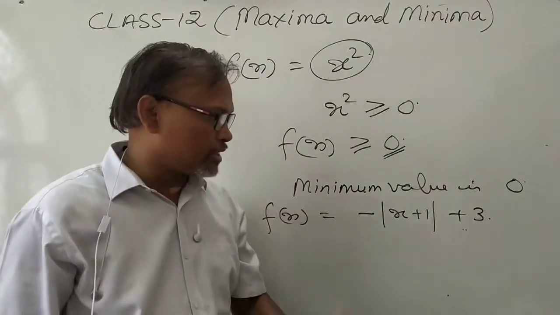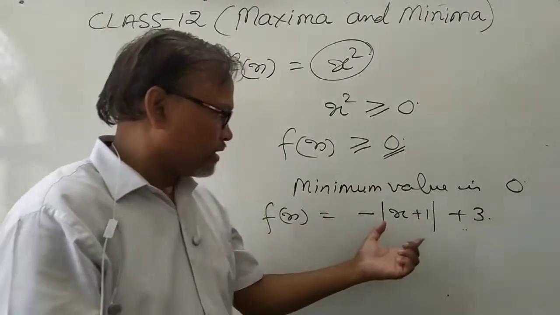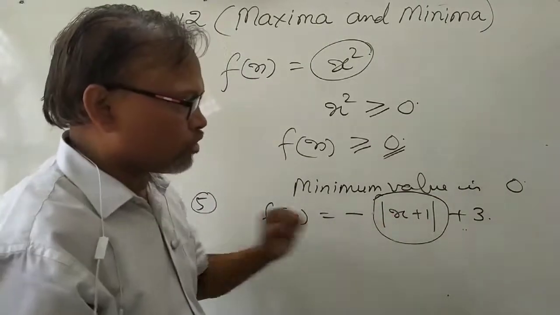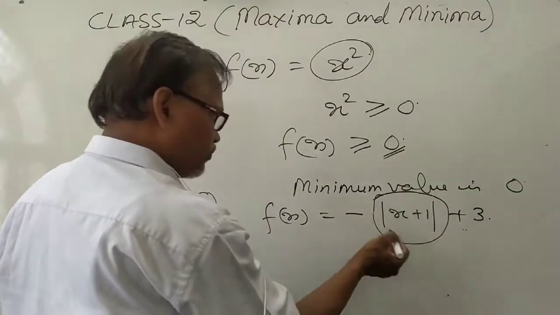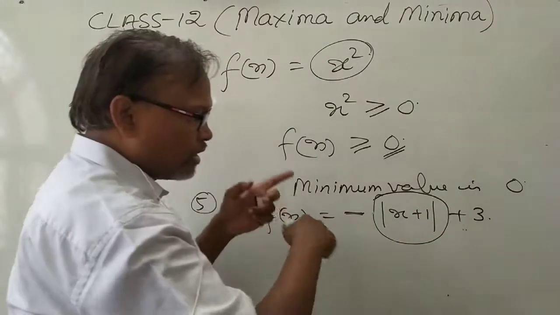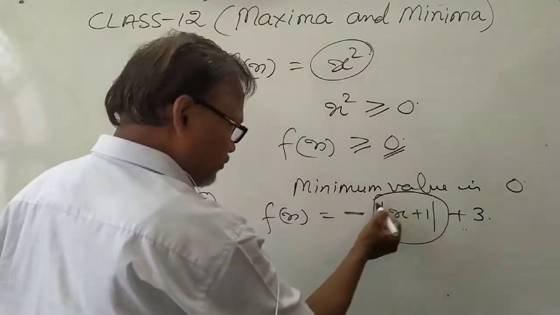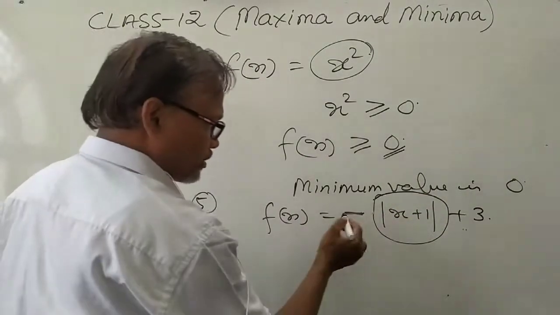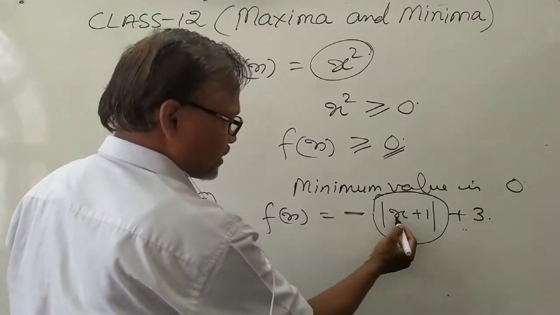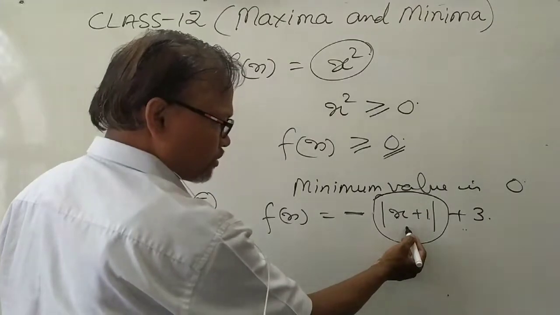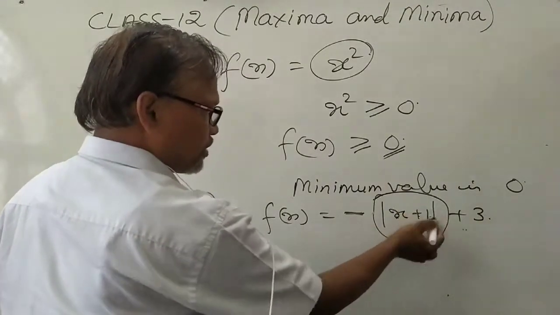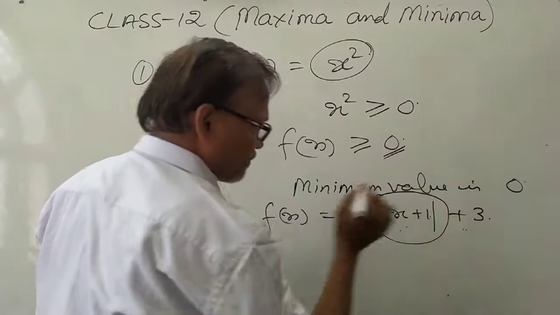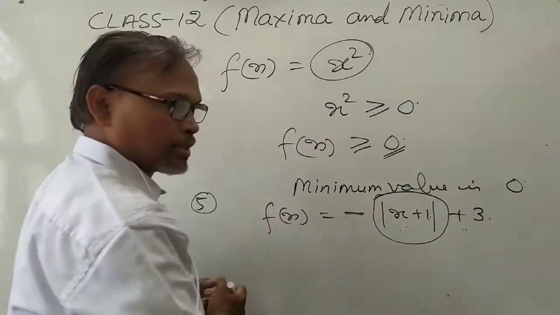Check whether it is positive or negative. Because this is a modulus function, it can never be negative. Whatever value of x you put, the minimum is 0, but this negative sign will make it negative. For example, if 2 came in it, it will be -2; if 1 came, it will be -1. If you put -5 instead of x, -5 + 1 is -4, and when the modulus sign is there it will be +4, but due to this negative sign it will be -4 + 3. So this negative sign keeps reducing it.